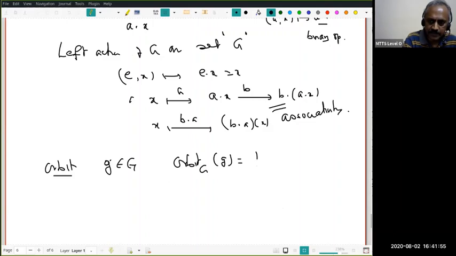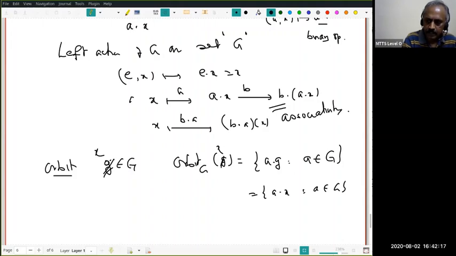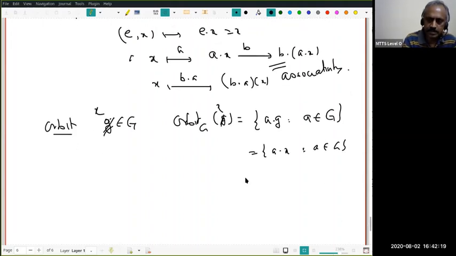This is by definition A dot x, as A varies over G. Do you know what this set is? x is a fixed element of the group.